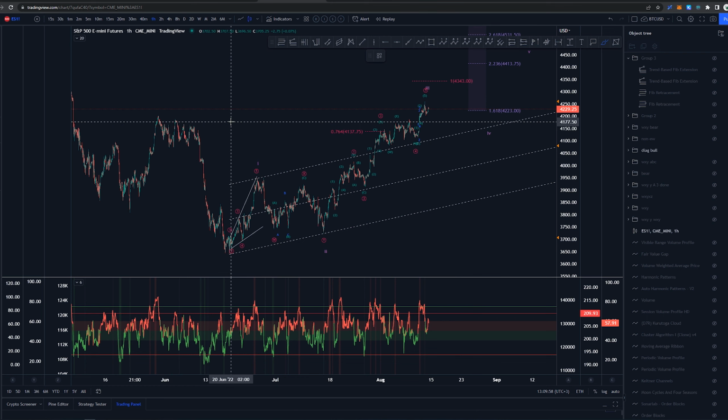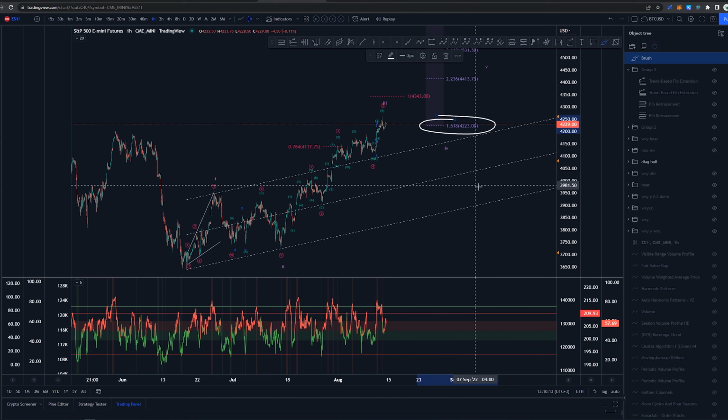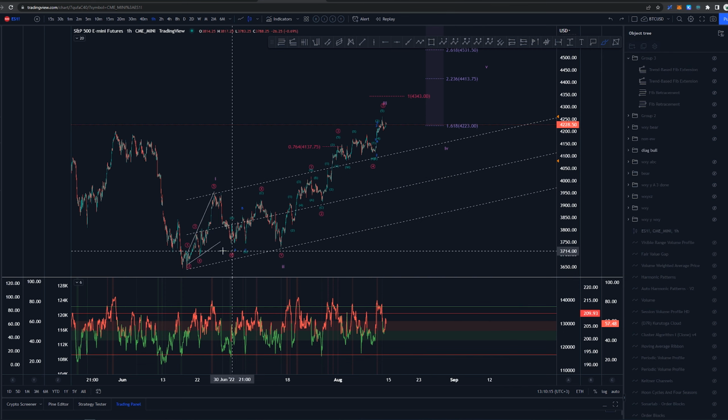So basically having this here as the support, but as we have not risen too much yet in price, it is a bit weird looking. Generally when we want to have that third wave, we want it to go well beyond the 1.618, so it has enough room for a pullback.